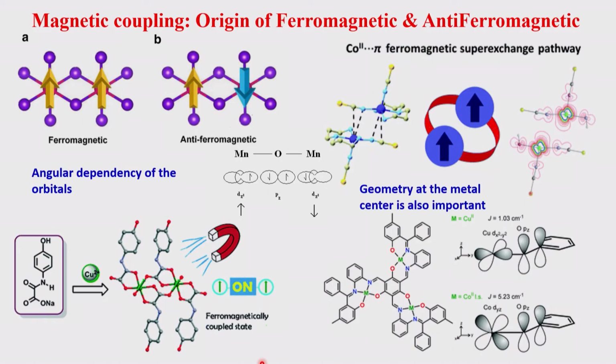So when you have two magnets connected together, there will be a magnetic coupling. So this is one paramagnetic center, this is another paramagnetic center, but these two are connected through the chemical moieties, through the coordination within the same. Then what will happen?